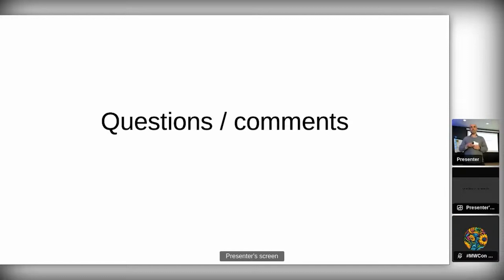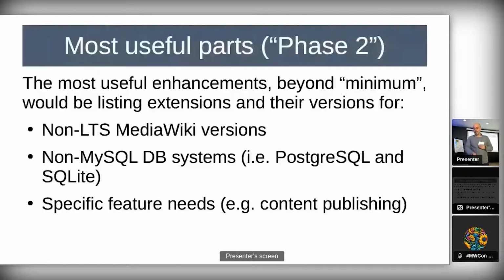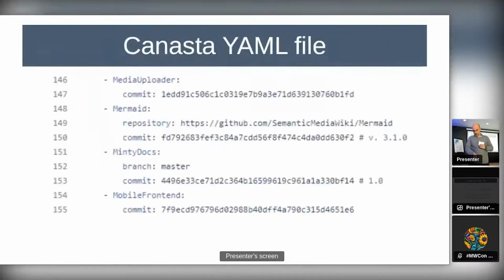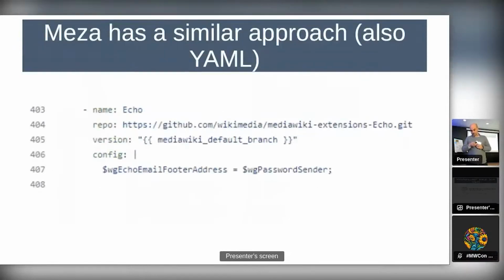I like what you showed there with the YAML files, because not only do they specify the extension, where you're getting it from, and what version, but in the Meza case, I don't know if this is the case for Canasta as well, it also allows you to capture the configuration as text, so you can manage your extension configurations as text.